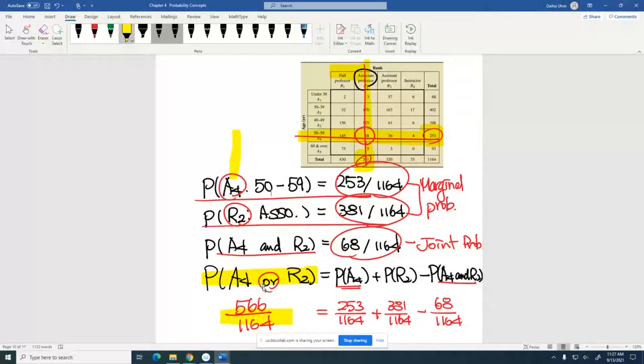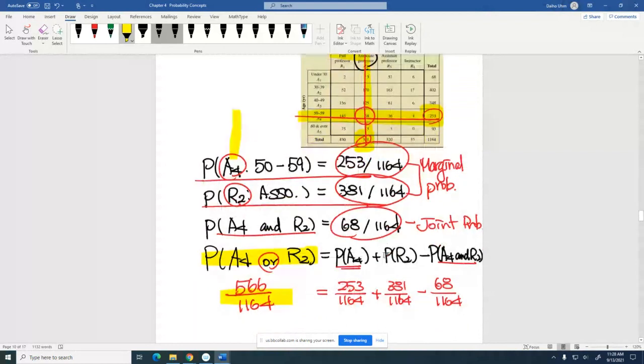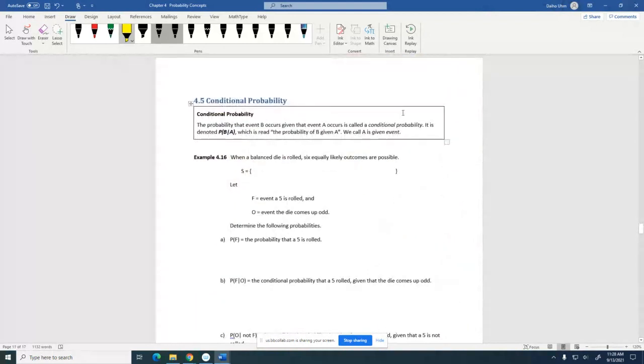Then based on the marginal probability and the joint probability, we can apply the general addition rule onto the probability A or B. Good, right? Fine. Any question?